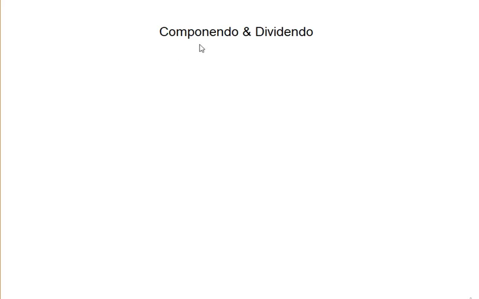Now if we are applying componendo dividendo both together, we have A upon B is equal to C upon D. So this is called the numerator and this is called the denominator.